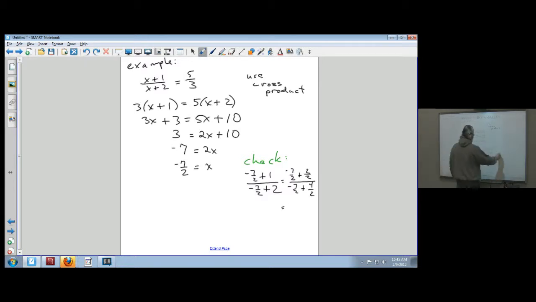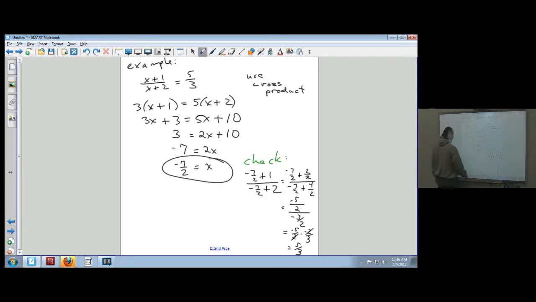So we end up with negative 5 halves over negative 3 halves. Whenever we divide fractions, if you'll remember, we multiply by the reciprocal. The 2's cancel, the negatives cancel, and we end up with 5/3, which is exactly what we have right here. So this works, therefore there is our answer.